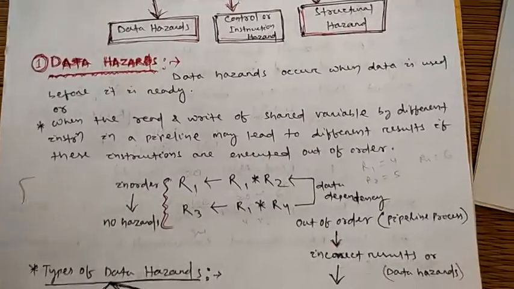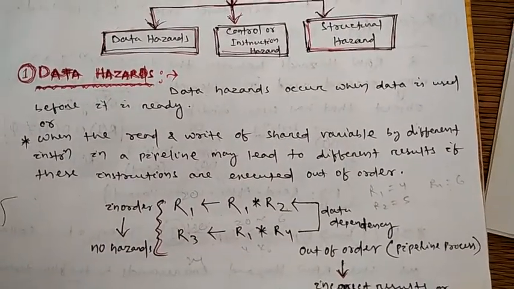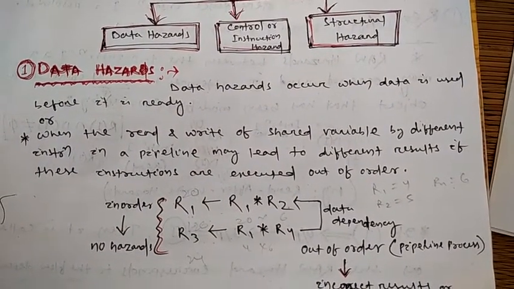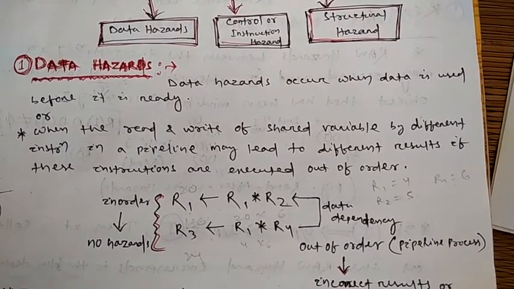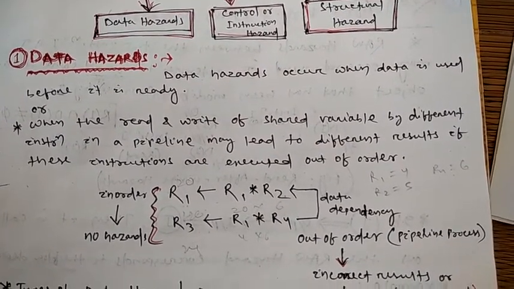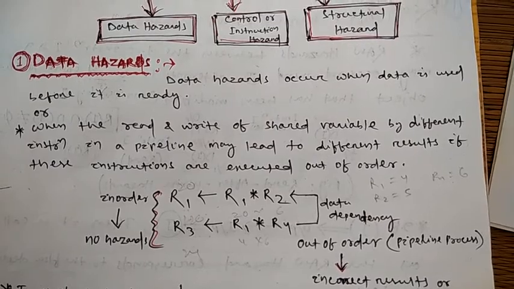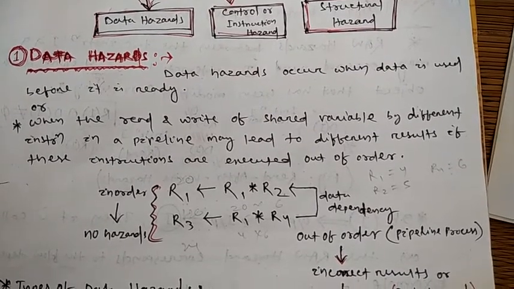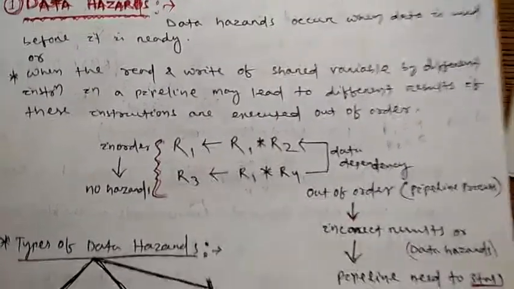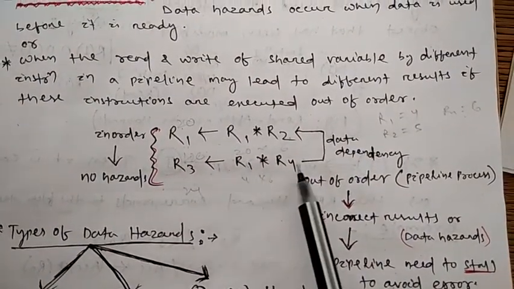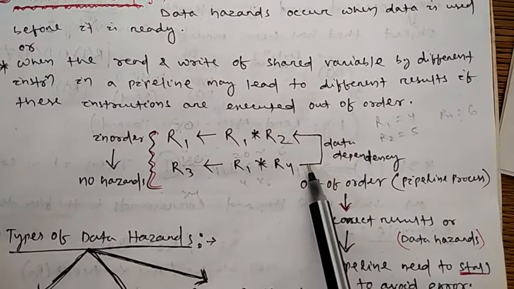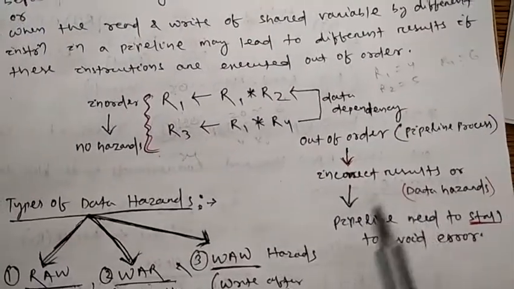And what do we mean by data hazards? Data hazards occur when data is used before it is ready, or when the read and write of a shared variable by different instructions in a pipeline may lead to different results if the instructions are executed out of order. If they follow sequential order, then no error will occur. If you do not follow the sequential order, meaning the second instruction is executed first, then it will create data hazards.